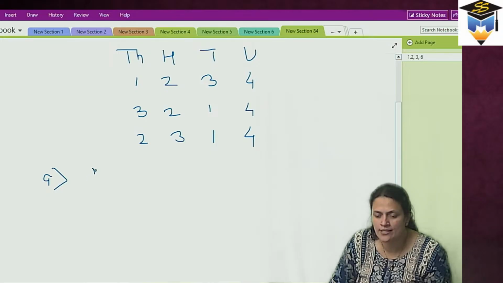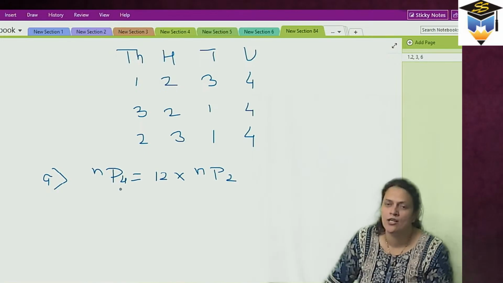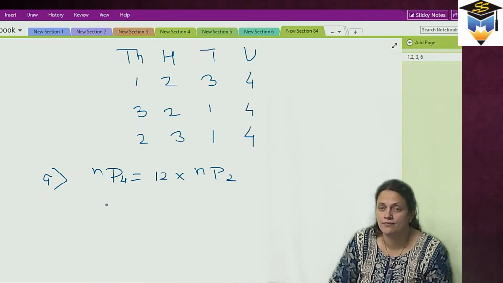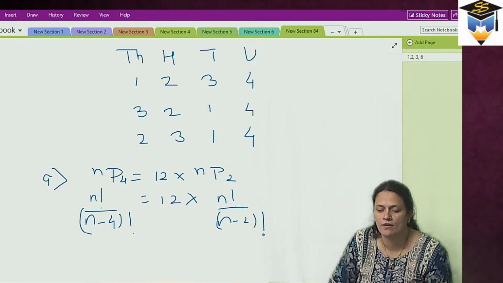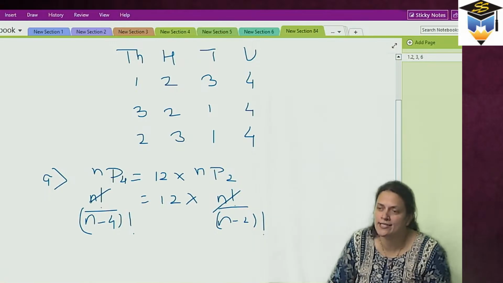The condition given to us is nP4 is equal to 12 multiplied by nP2. So what is nP4? nP4 is n factorial upon n minus 4 factorial. That is equal to 12 multiplied by n factorial upon n minus 2 factorial. So n factorial gets cut.